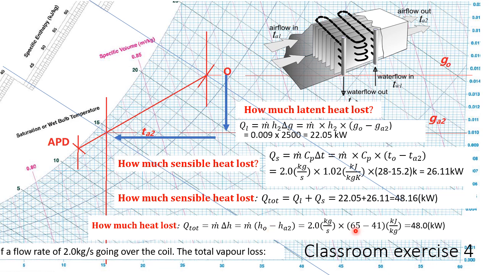The mass flow rate is 2.0 kilogram per second. Then the enthalpy change is from 65 to 41, and the unit is kilojoule per kilogram. Kilogram cancels. Kilojoule per second is kilowatt. So we got 48.0 kilowatt. Compared with these two, they are very close. So you can see, using the psychrometric chart, enthalpy really means the energy change of the air.